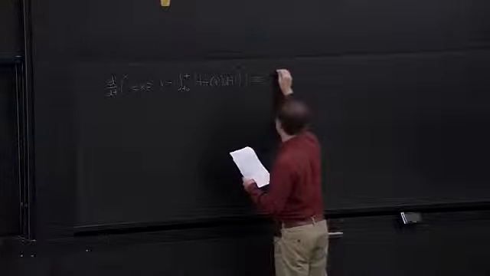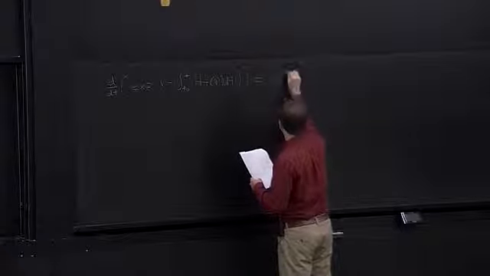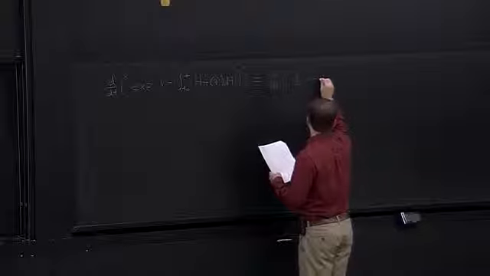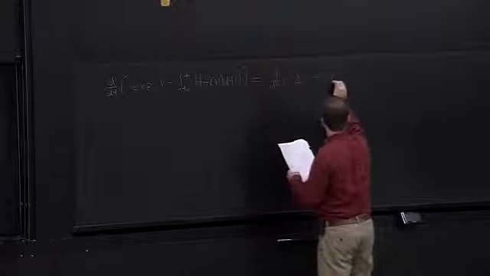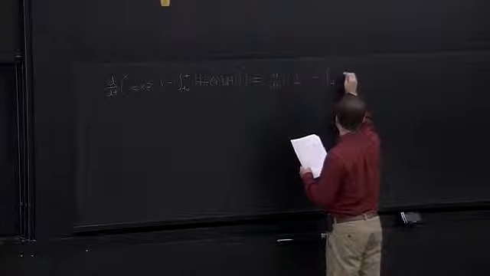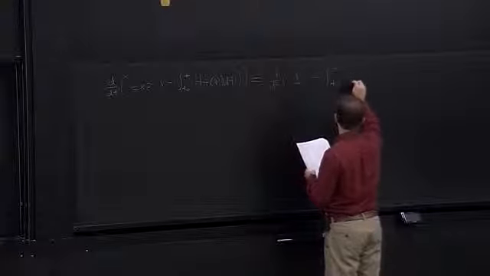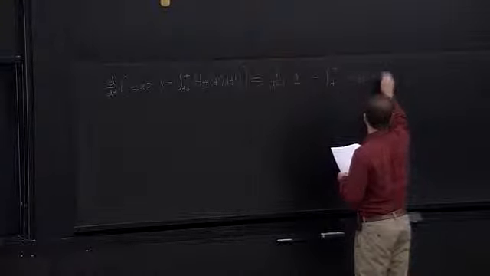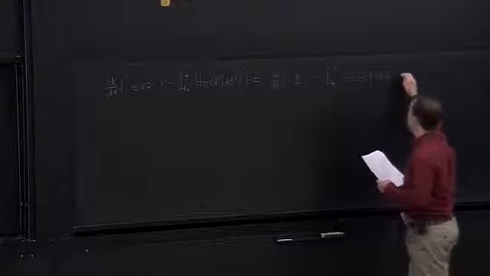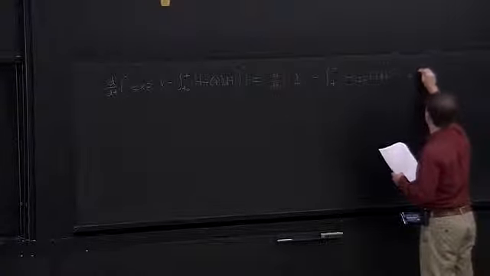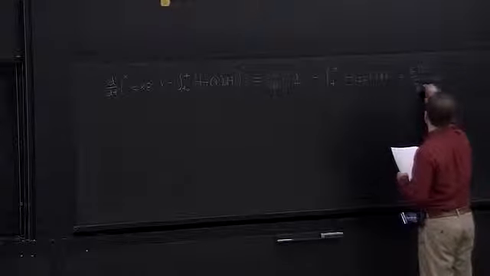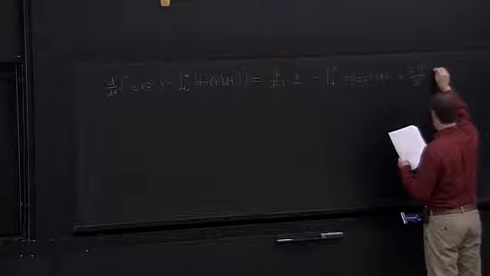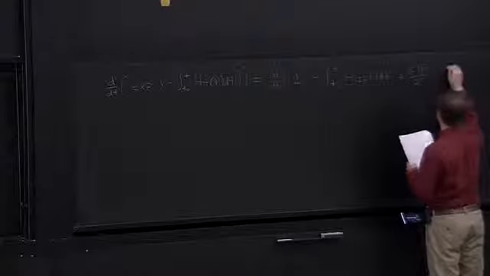So this is just d/dt of 1 minus i integral from t naught to t of H_I of t prime dt prime, and in the next order, minus i squared over 2 times this integral squared.